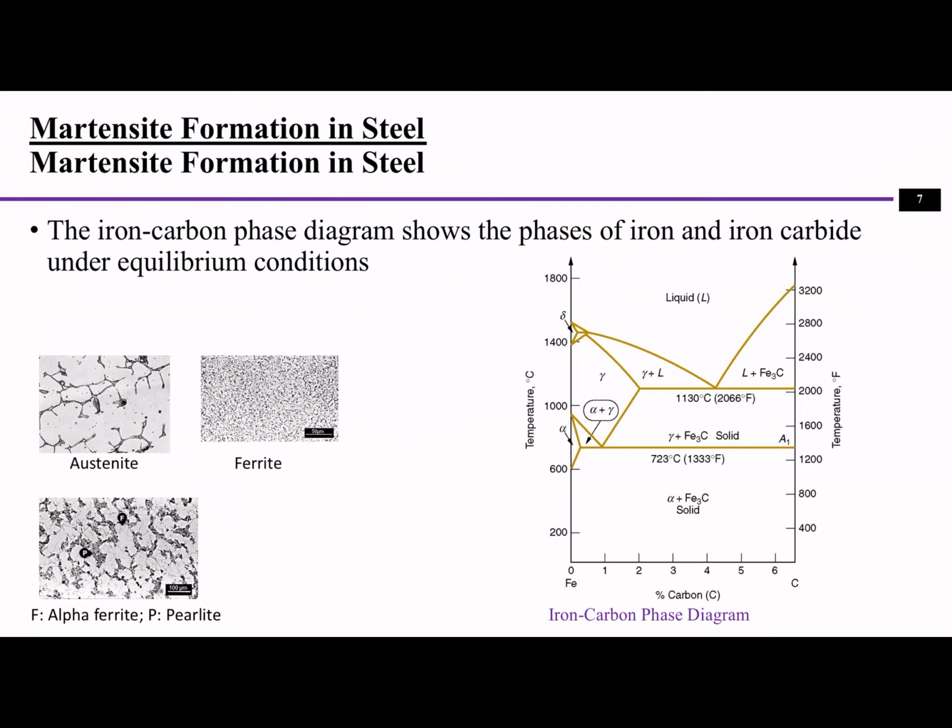You see there are different regions, and these are the forms of the structures at different temperatures and carbon percentages. This is a guideline for performing heat treatment, in terms of determining what temperature it should be and what percent of carbon we want.